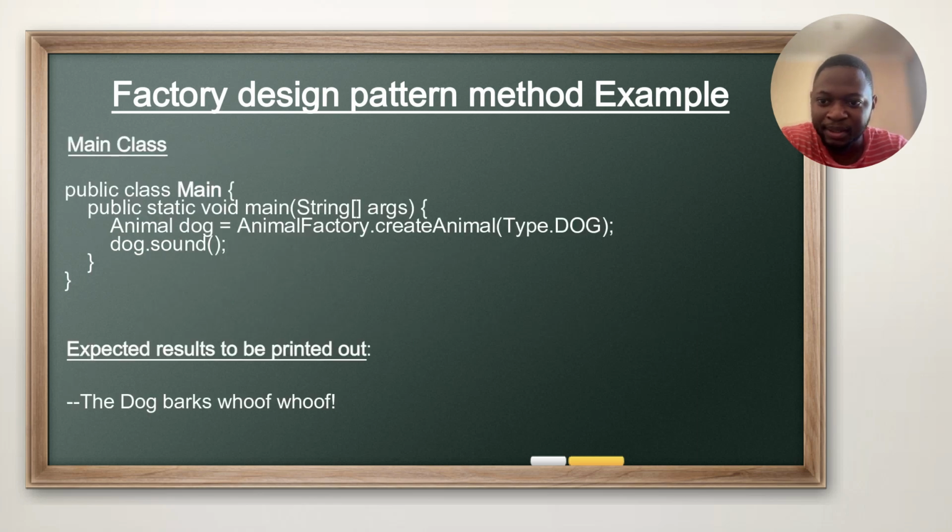And then here we have our main class. We have our animal product class, dog, and I named it dog instead of animal because my intent was to create a dog, and call the animal factory class dot create animal method.